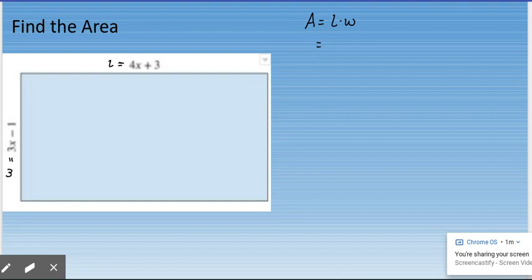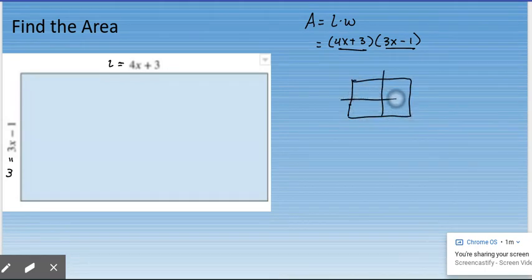So for this one, I would have the problem 4x plus 3 times 3x minus 1. This is a binomial times a binomial, so you can either use FOIL or you can use the box. I'm going to use the box here and multiply that out.